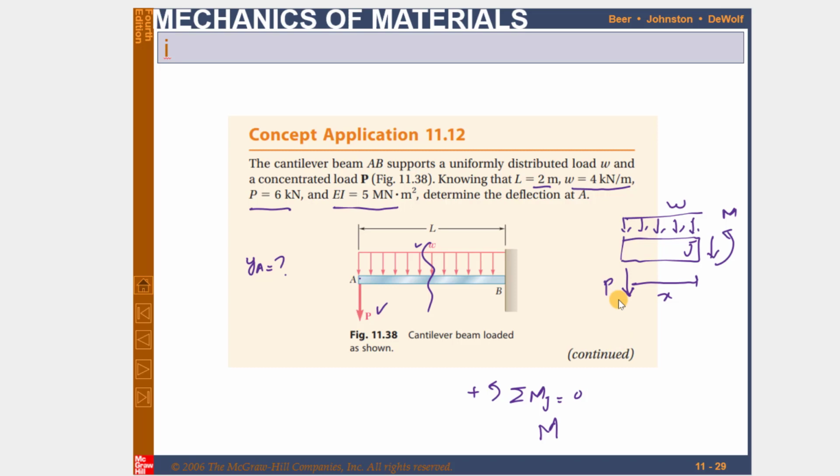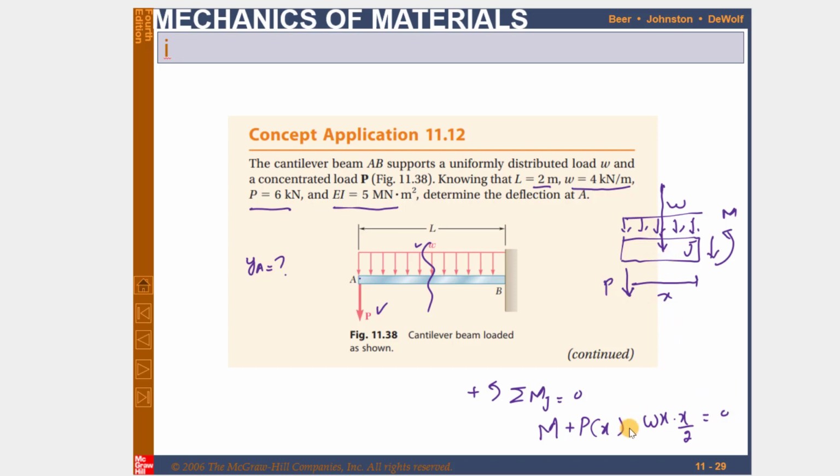Again, there is a moment due to load P and this is also positive because it will produce P into X counterclockwise rotation, plus P into X. And the uniformly distributed load will act at the mid. When you multiply W with X, it converts into a concentrated load at the mid. The mid distance is X by 2, and this is equal to 0.